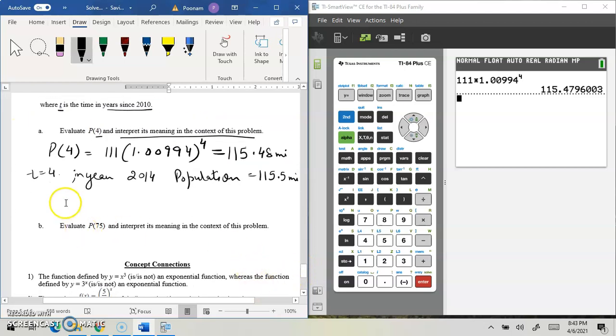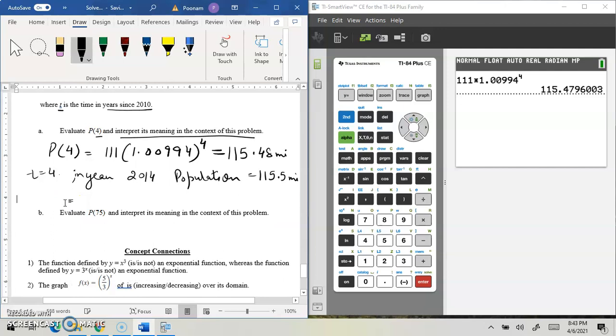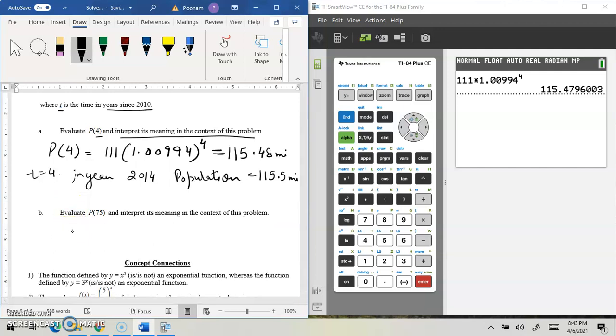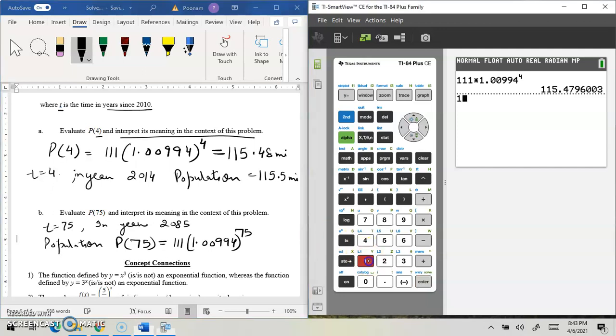Similarly, let's evaluate P at 75. So here T is given to be 75. That means 75 years since 2010. That means in year 2085 population would be equal to P of 75, which would be 111 times 1.00914 raised to the power 75.